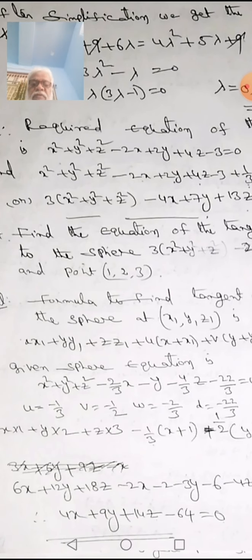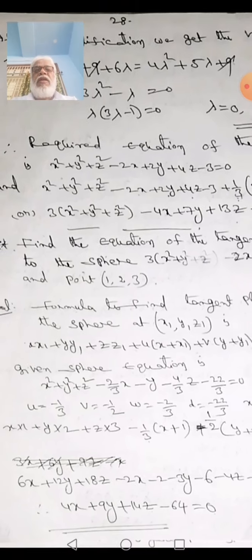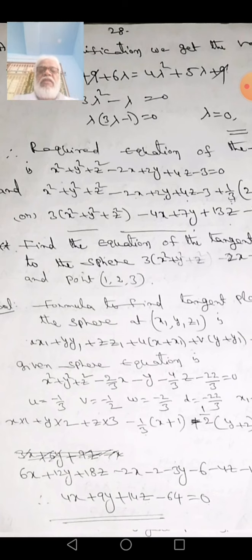After simplification, we get 4x plus 9y plus 14z minus 64 is equal to 0. This is the tangent plane for the given sphere, at the point 1 2 3. Here 1 2 3 is called the point of contact.